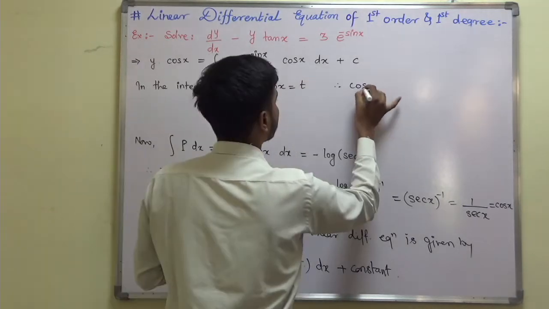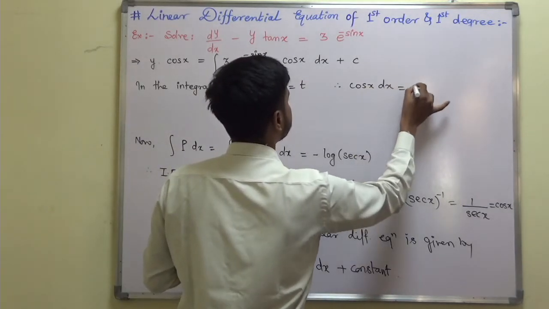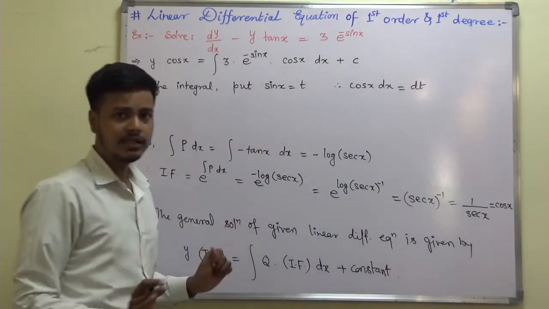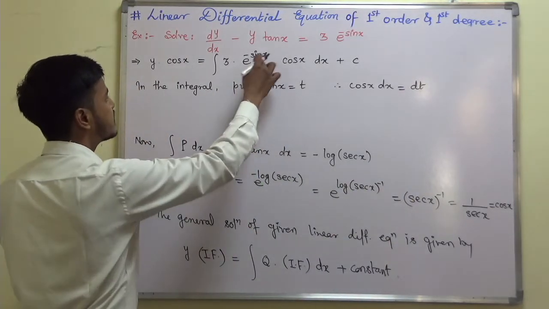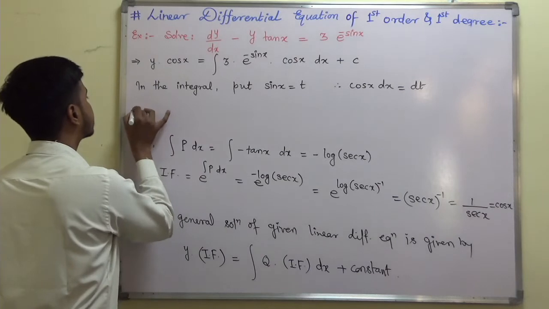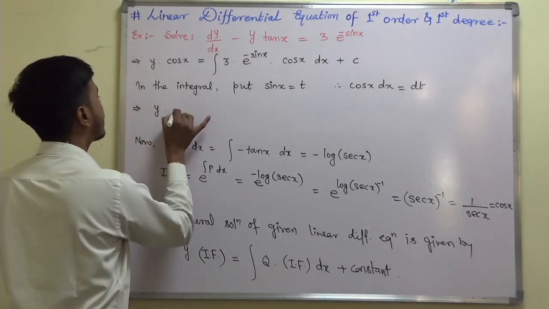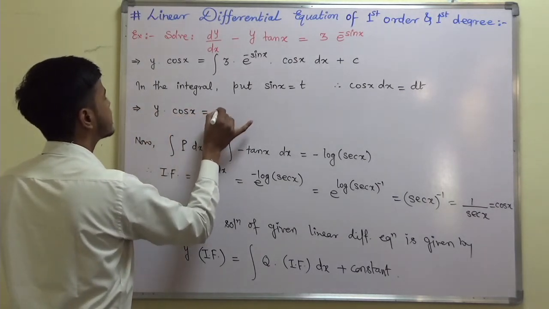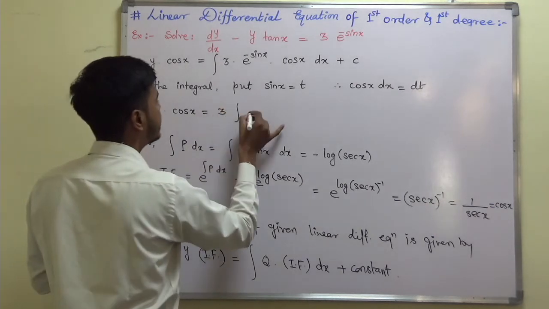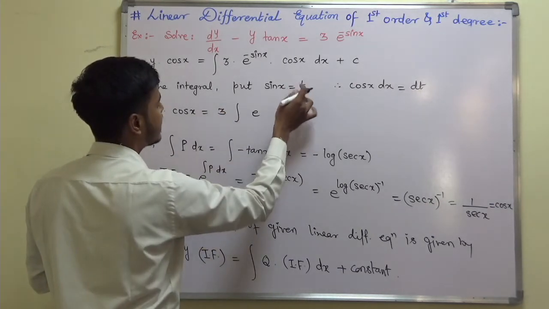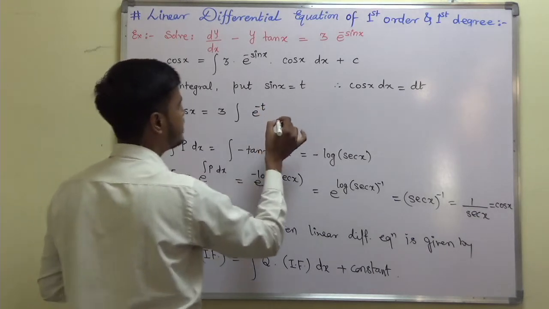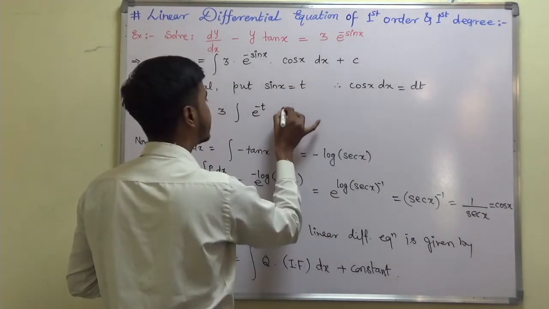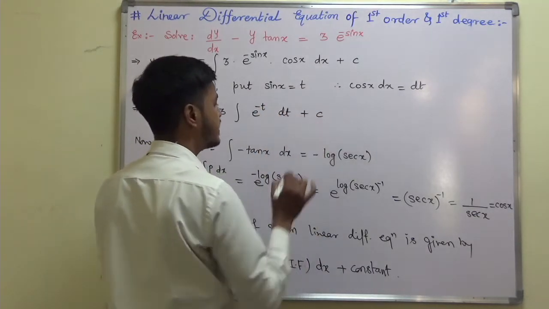Therefore cos x dx is equal to dt. Simple, because the derivative of sin is cos. So this gets converted to y into cos x equals 3 outside, integration of e to the power minus t, cos x dx is dt, plus c.